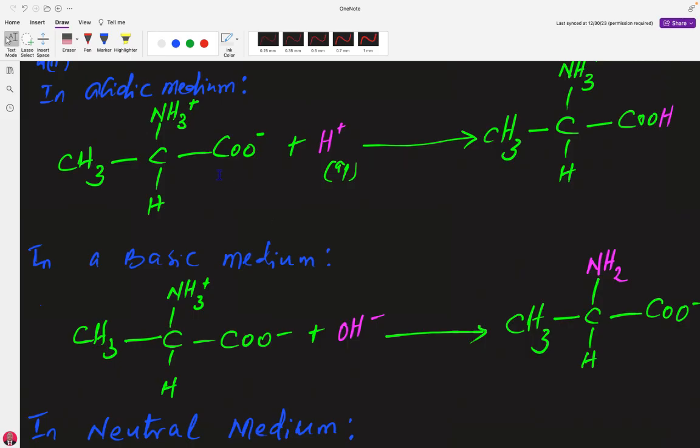This zwitter ion is acting as a buffer solution. So in a high pH medium, the base is now going to act as an acid this time around, donating a proton from the acid group to the base, resulting in a negatively charged amino acid.